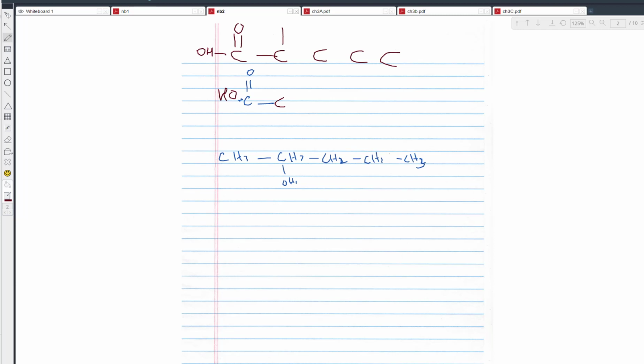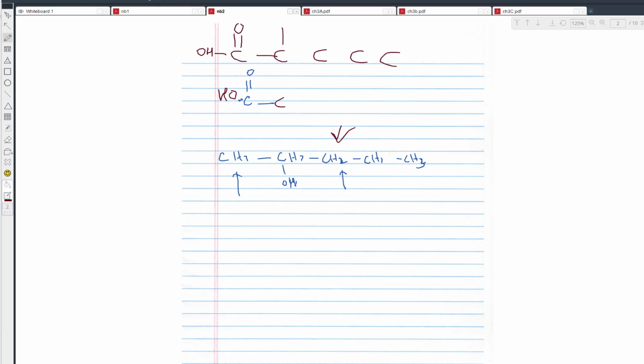Otherwise, generally they give alkenes. So in this case, where will you get the double bond? Remove the hydrogen from here or here, as the major product. That's right. So you will get 2-pentene, and water. What about the E?